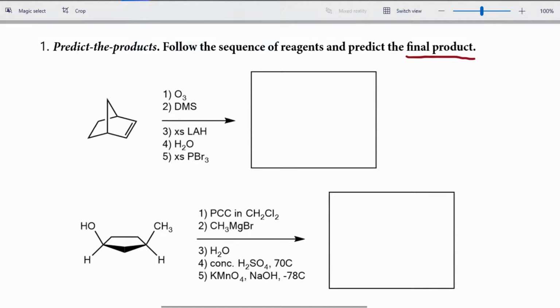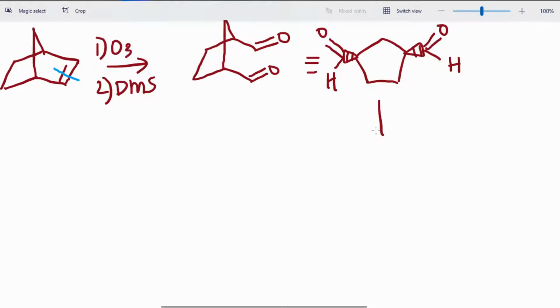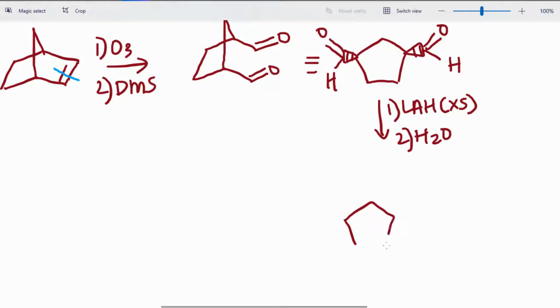Then we're going to use excess lithium aluminum hydride and water. So this is a reduction reaction. Lithium aluminum hydride in excess, so we're using more than one equivalent, and then a protonation step using water. Now we have our aldehydes over here, which can be reduced down, and that's what lithium aluminum hydride attacks. So you reduce your aldehydes down into hydroxyl or alcohols.